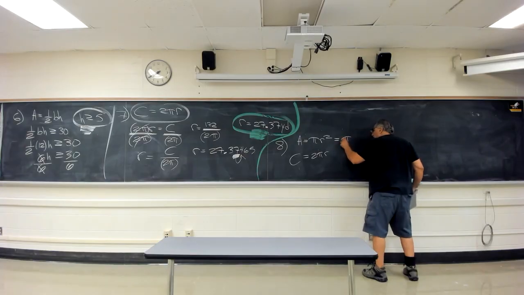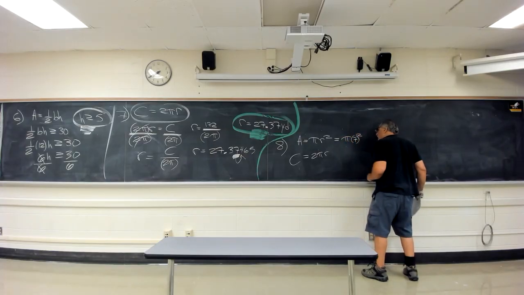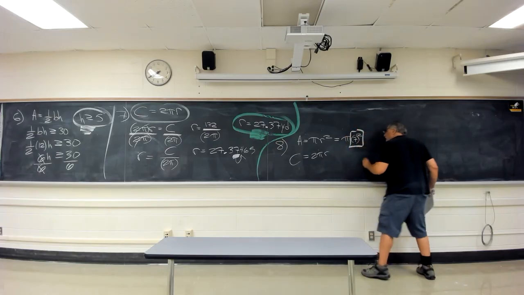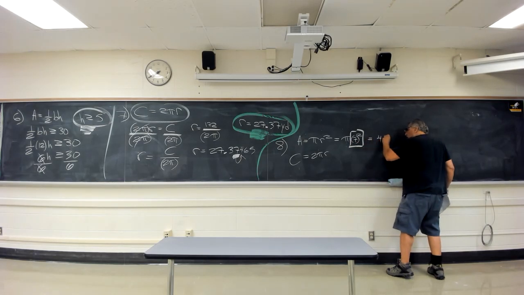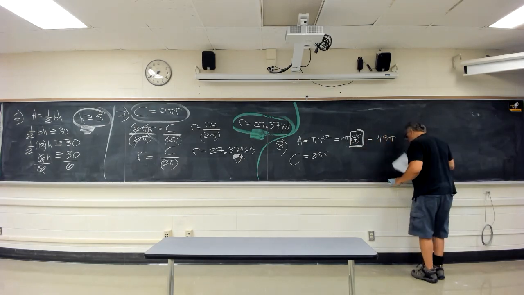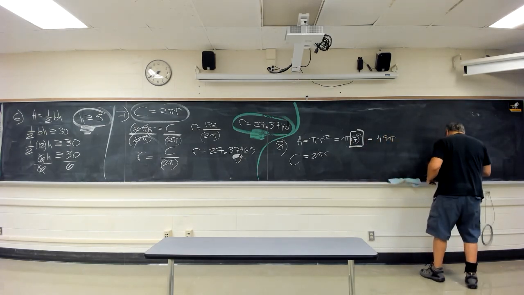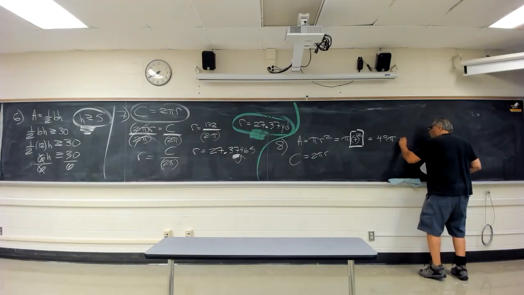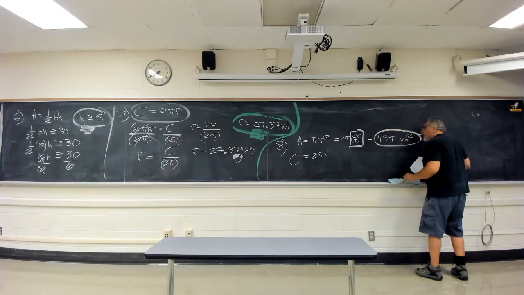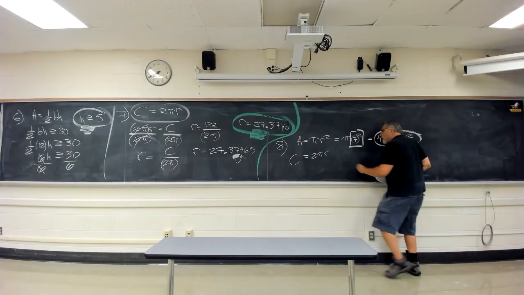So it's pi times the quantity, 7 squared. 7 squared is 49. 49 pi, and that is the area. That's yards squared. Keep that in mind. We'll use it later.